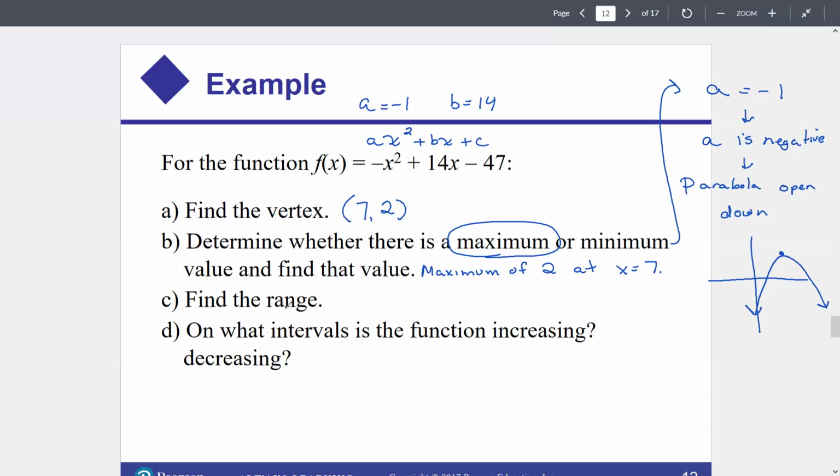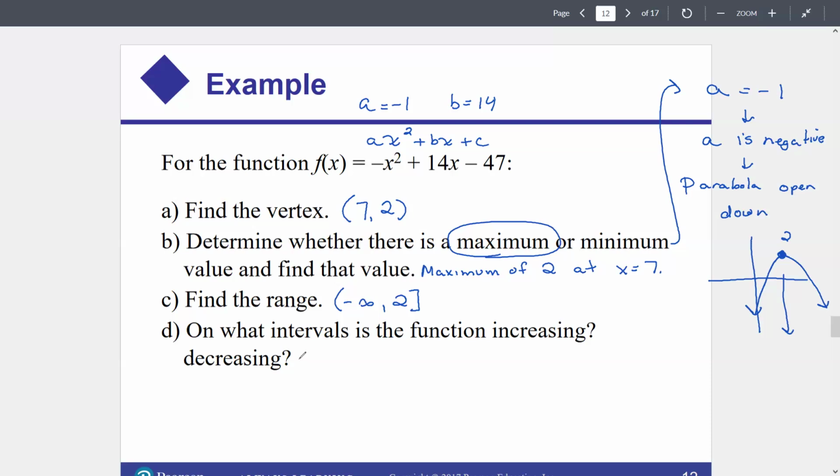Now, once again, the range, because this time it's a maximum, I'm maxing out at that y coordinate of 2. The most I can be is at 2, so my range would look like this. Remember, your range is just your y values, so my maximum y value is here at 2, and then the y's just keep on going forever downwards.